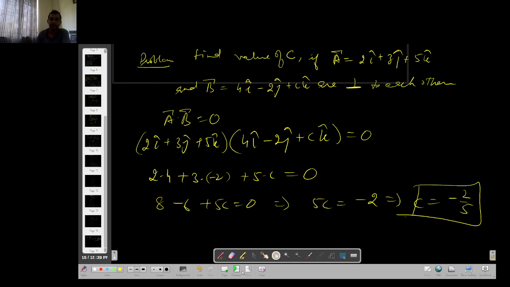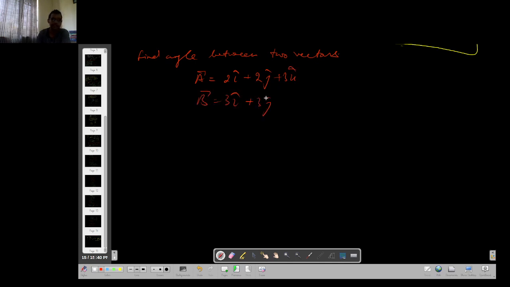Let's take one more problem. Find the angle between two vectors. These are very simple problems which I am discussing here. Say vector A is 2i cap plus 2j cap plus 3k cap and B vector is equal to 3i cap plus 3j cap plus 8k cap.